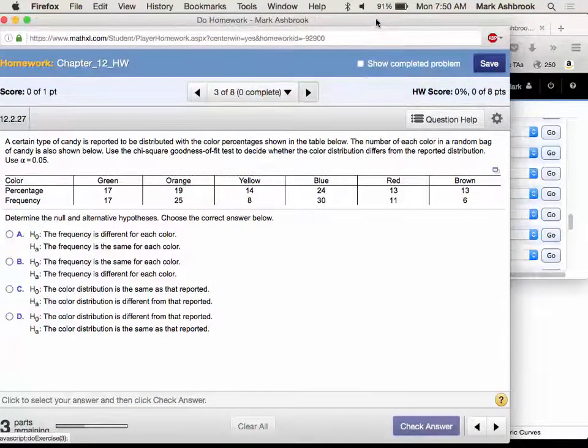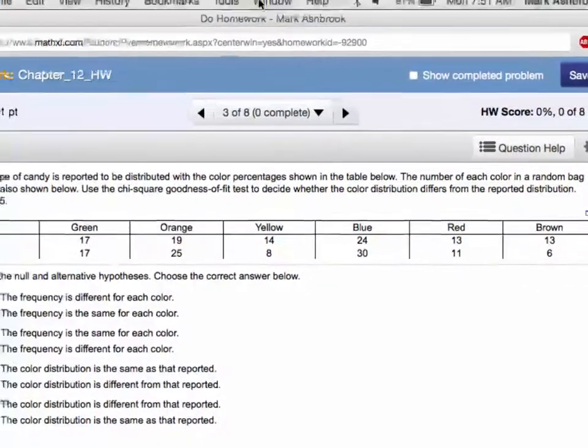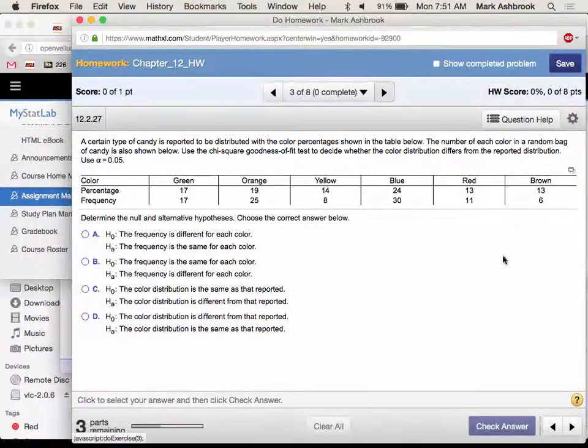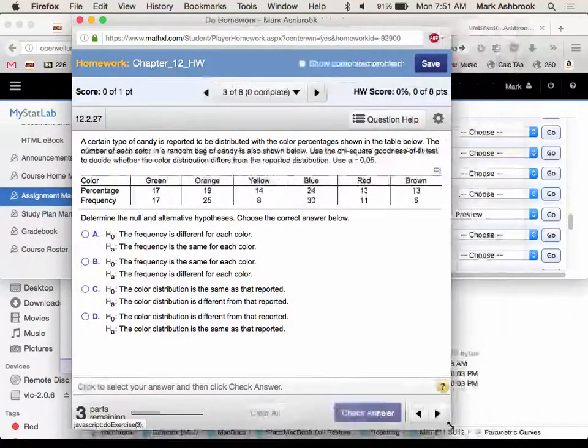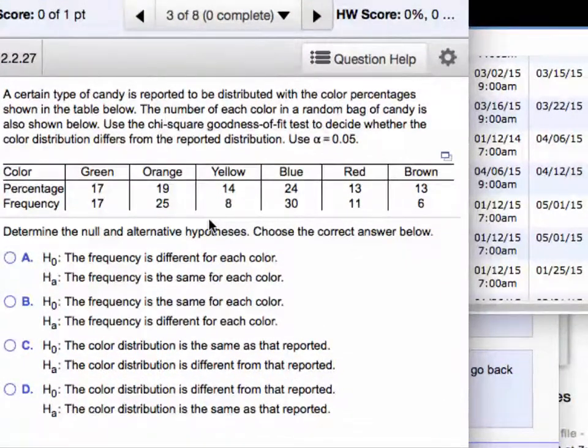It says a certain type of candy is reported to be distributed with color percentages. So like Skittles or M&Ms, probably M&Ms because there's brown, right? The number of each color in a bag of candy is shown below. Use a chi-square goodness of fit test to decide whether the color distribution differs from the reported distribution.